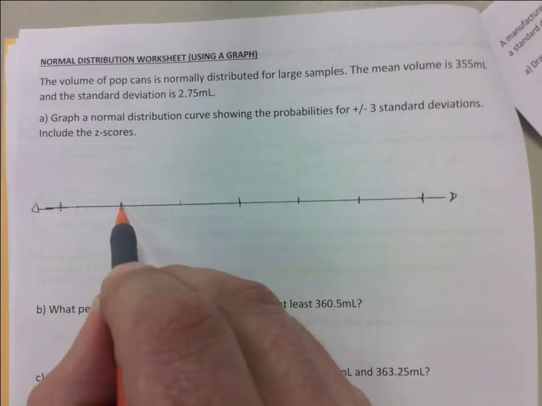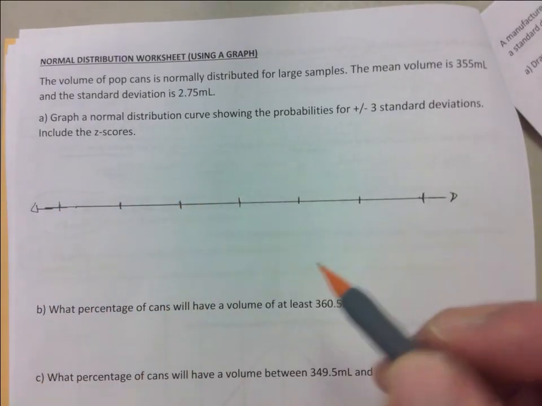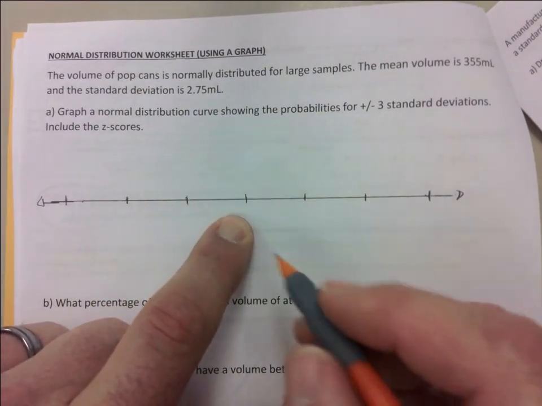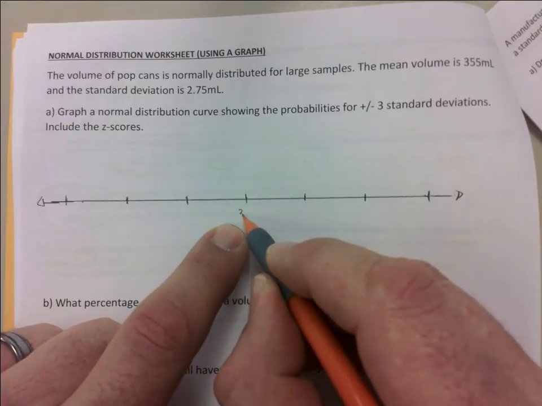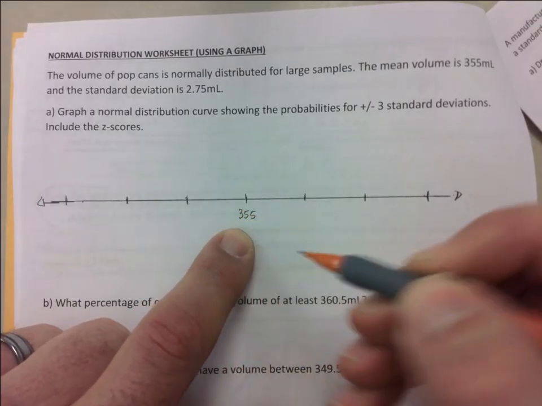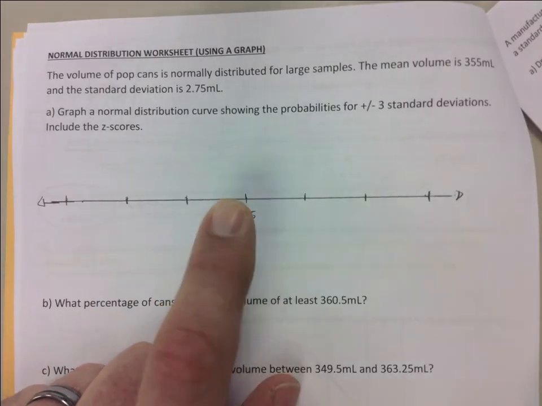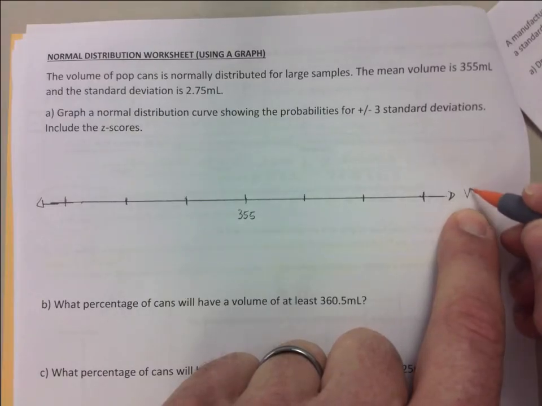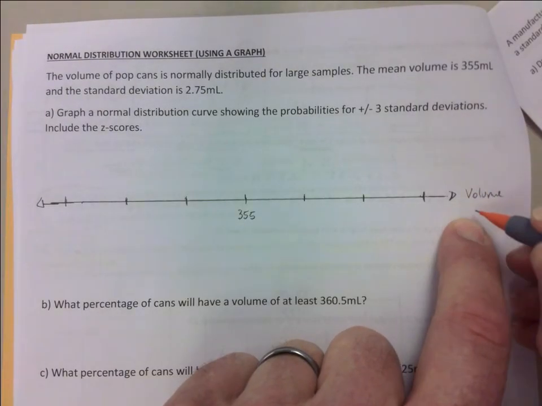And then I make those lines a little bit longer, like that. The center, you're going to put your average, which for us is 355. You don't have to put units there. You just make sure the end here has units. So we'll go volume in milliliters.